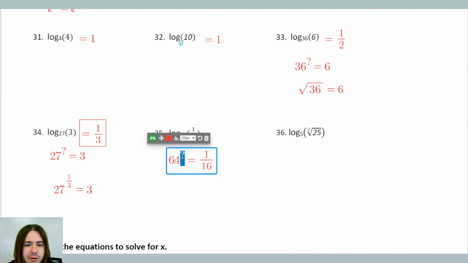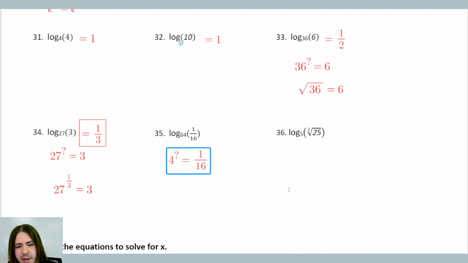Okay, so 64 is 4 cubed. And we're trying to raise that to some power. Okay, come on.